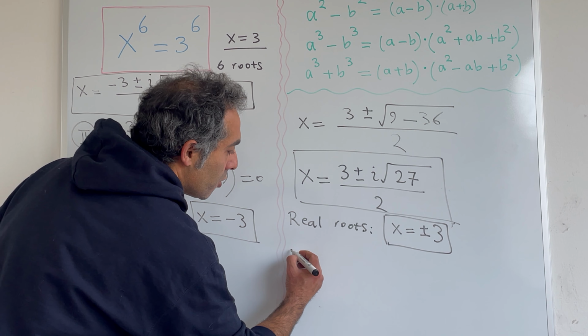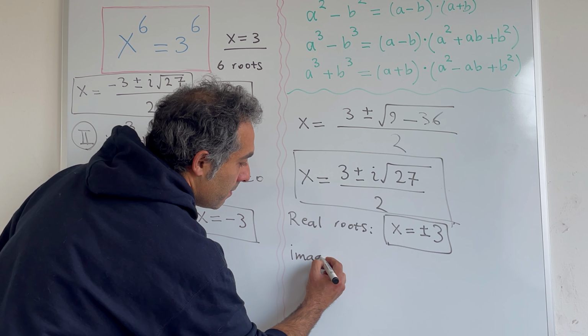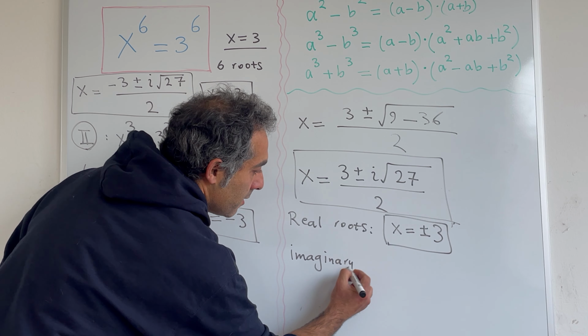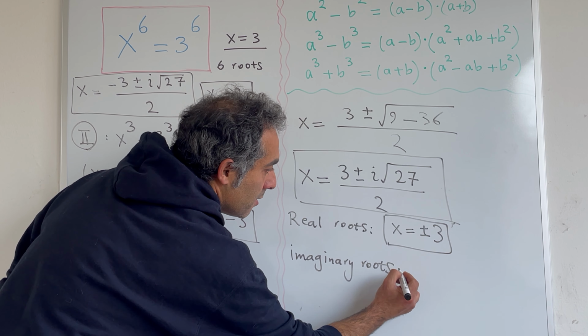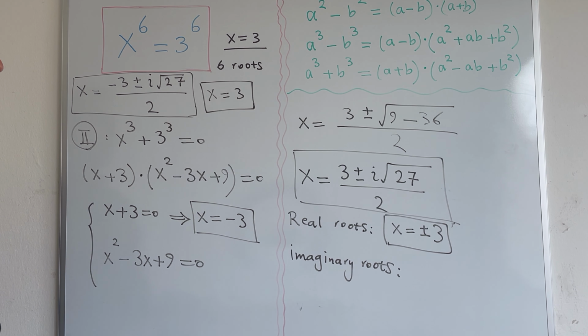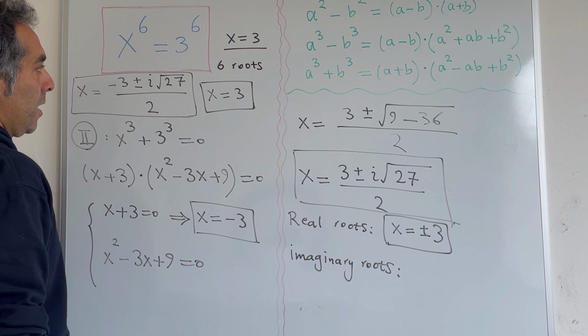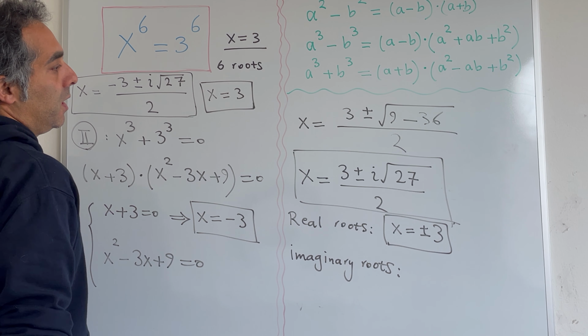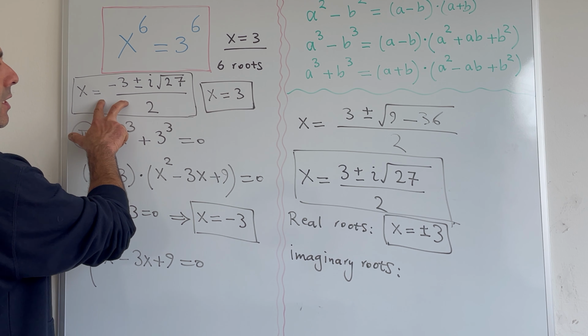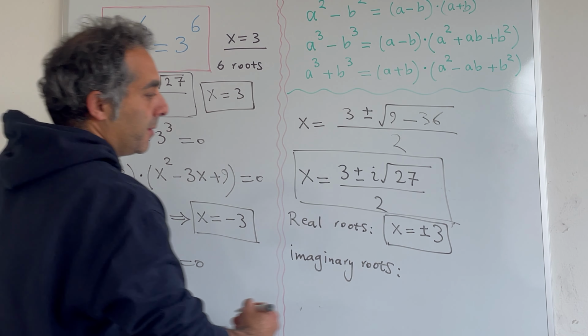And the imaginary roots are like this. Two pairs of roots are here. The first one is here and the second is here.